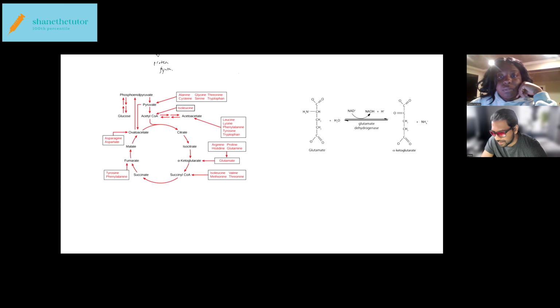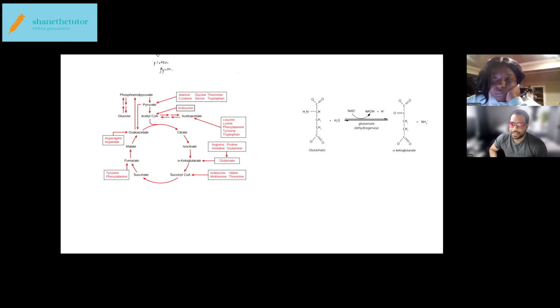And the amino acids can enter in as pyruvate or acetyl-CoA or all of those intermediates.